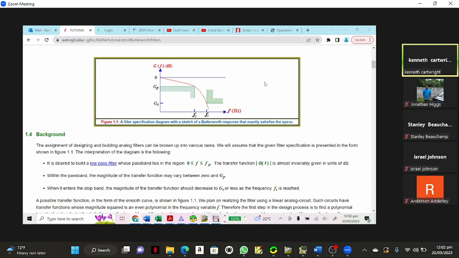Any idea what the P stands for? Will it be the cutoff frequency? That's FP, but that's not GP.